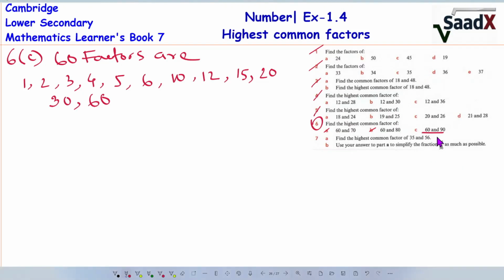6C, 60 and 90. So 60 factors are this one.